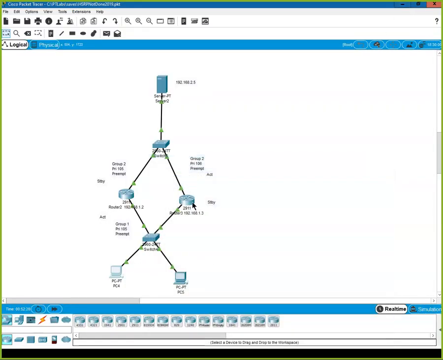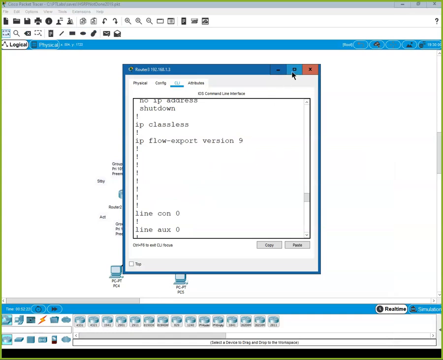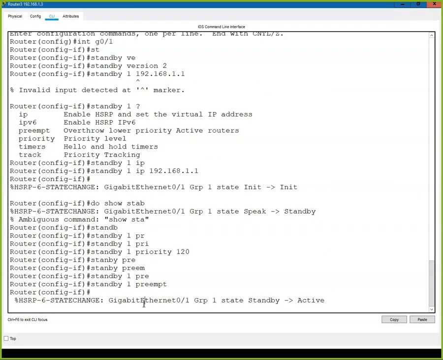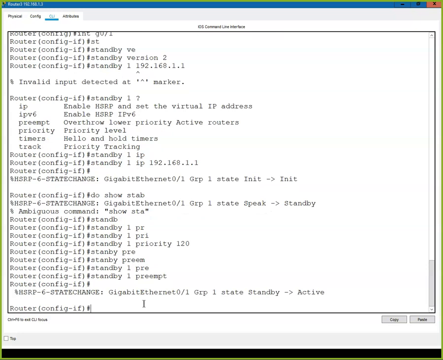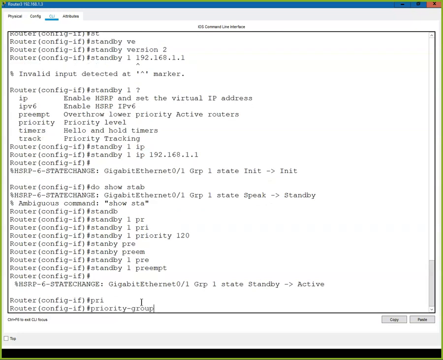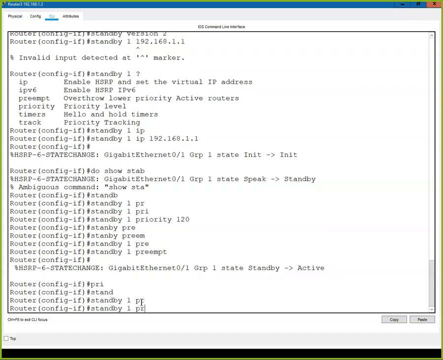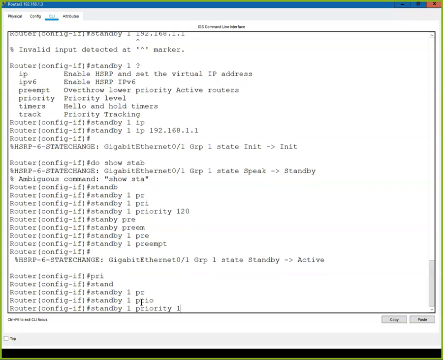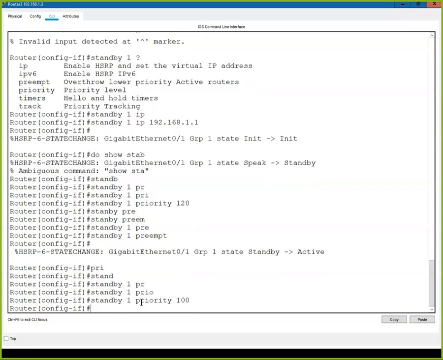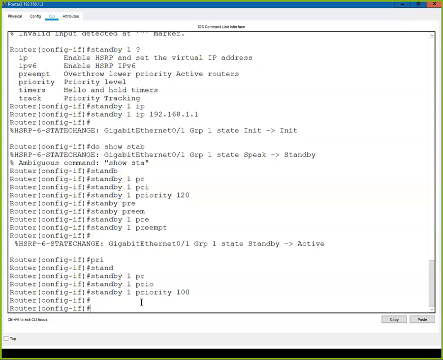I really don't want this one to be the active one, so I'm going to go in here, and let's make it a lower priority. Let's do standby 1 priority, and we'll make it 100. When that happens, the other guy, I think, is configured for preempt.